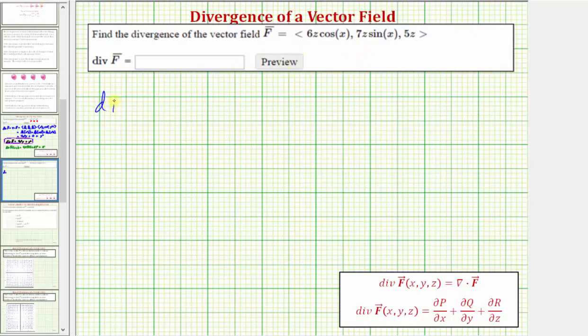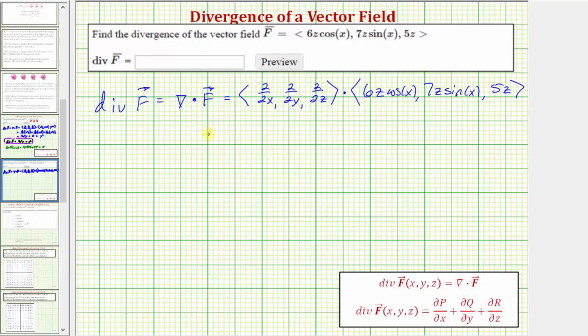We have the divergence of the vector field f is equal to the differential operator dotted with the vector field f, where the differential operator would be angle bracket partial with respect to x, comma, partial with respect to y, comma, partial with respect to z, dotted with the given vector field f.